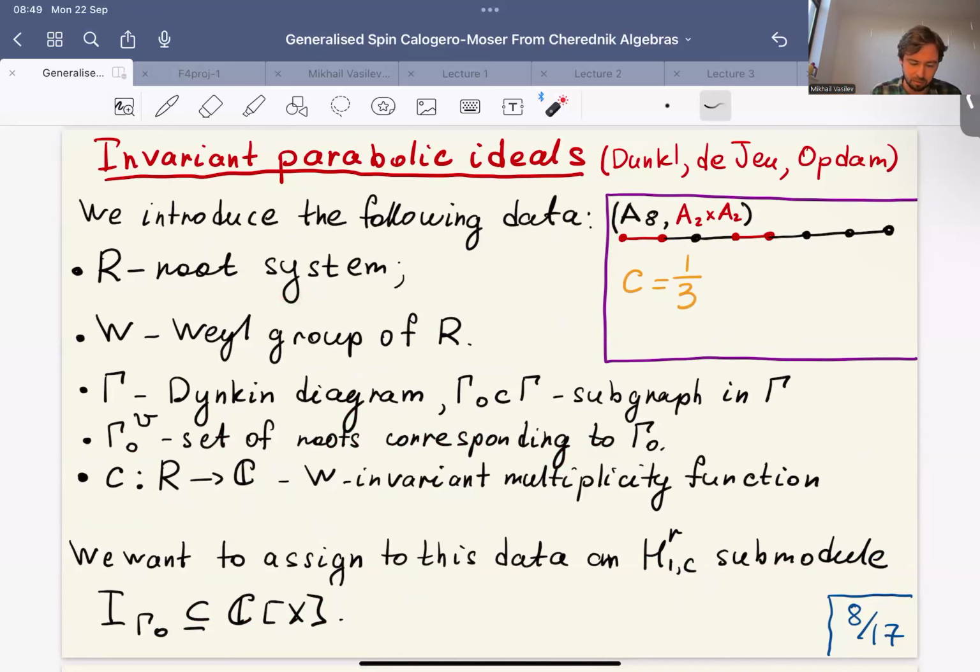We take a root system, a Weyl group. We draw a Dynkin diagram and we draw some subgraph in the Dynkin diagram. We denote by gamma naught V the set of roots corresponding to our subgraph, and we fix some multiplicity parameter. To this data, we want to assign some submodule in the polynomial representation, if possible, of course. Here is the picture: for example, we take A8 and a subgraph A2 cross A2.